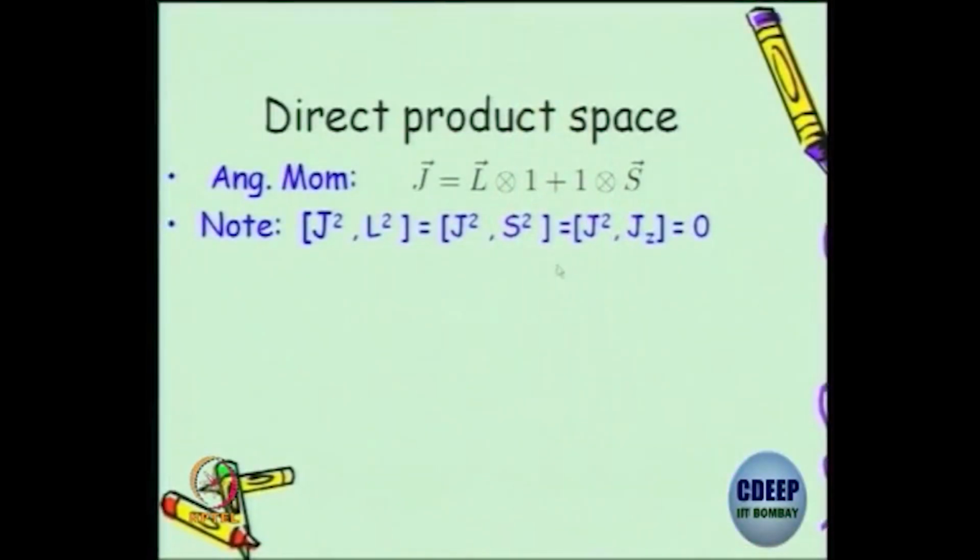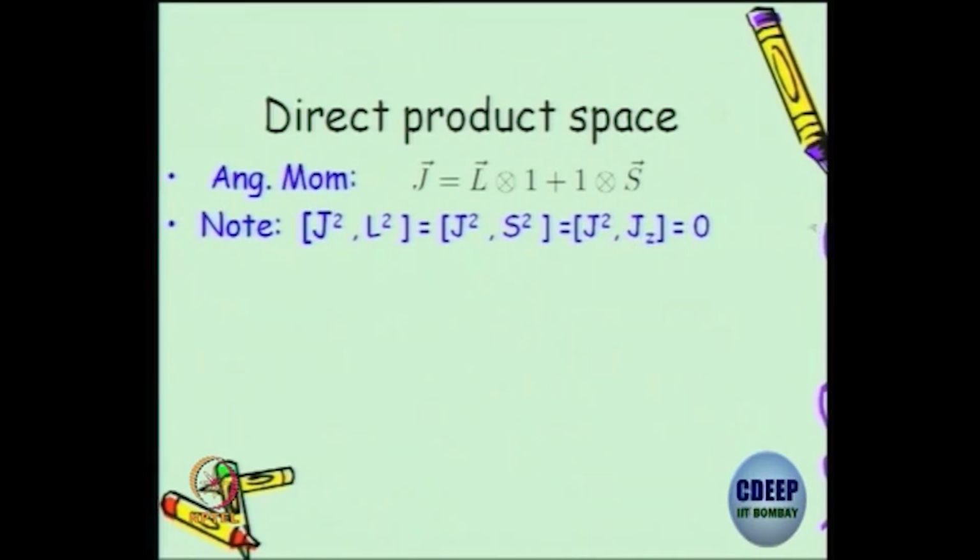This is an exercise for you to try. Similarly, J squared with S squared is also 0. You can also write Jz as Lz cross identity plus identity cross Sz. And also check Jz will commute with J squared.